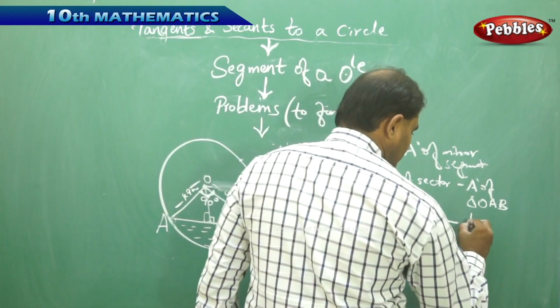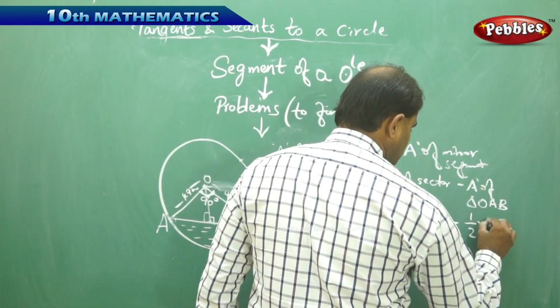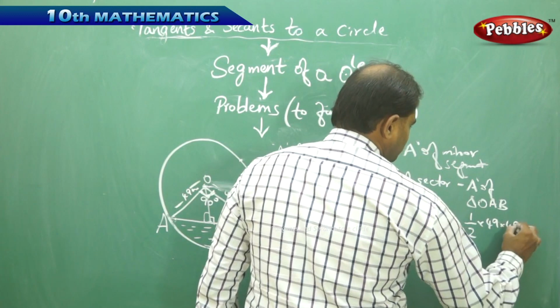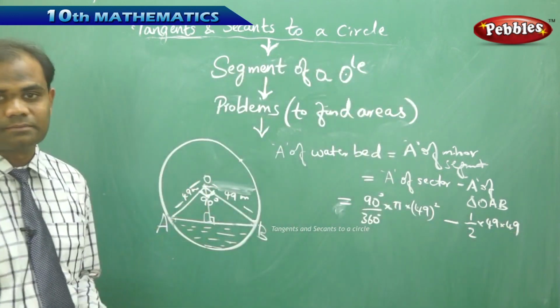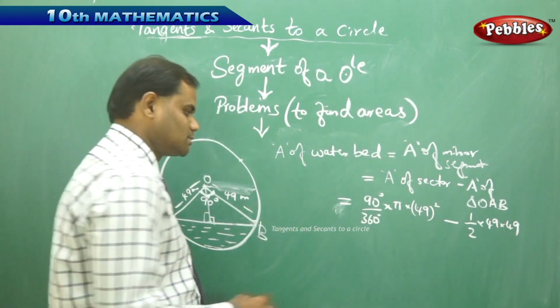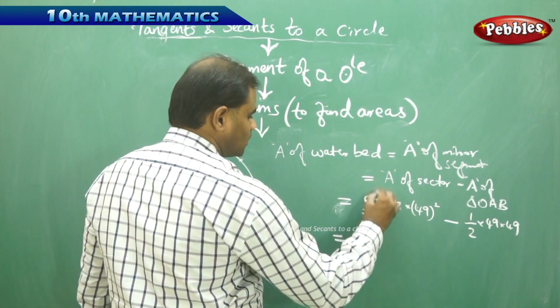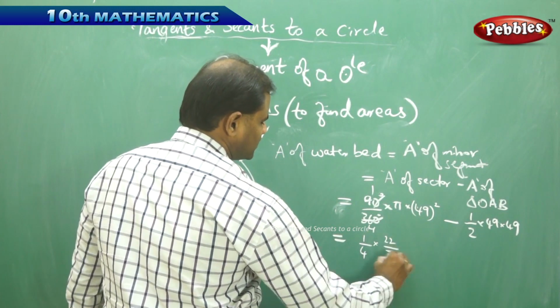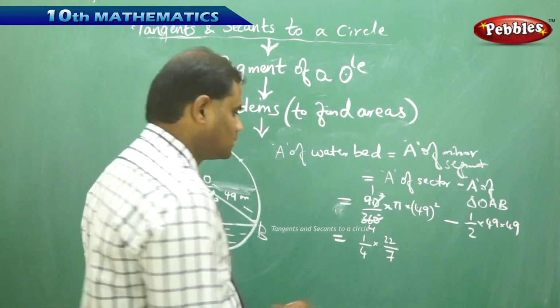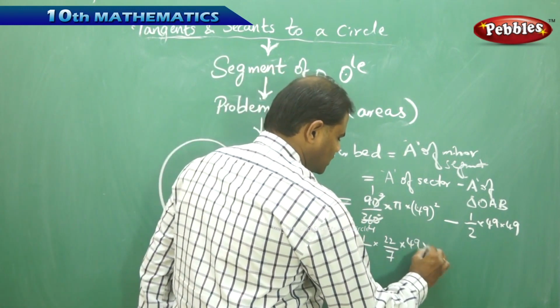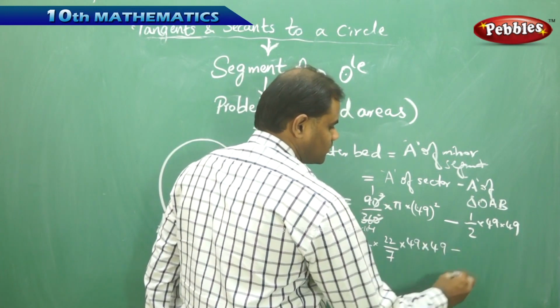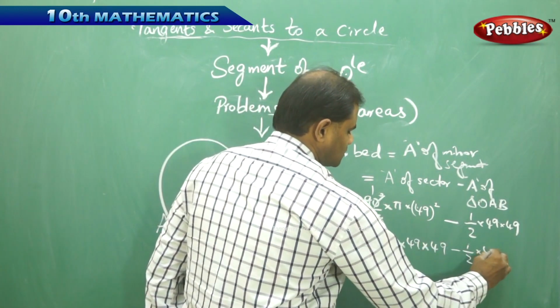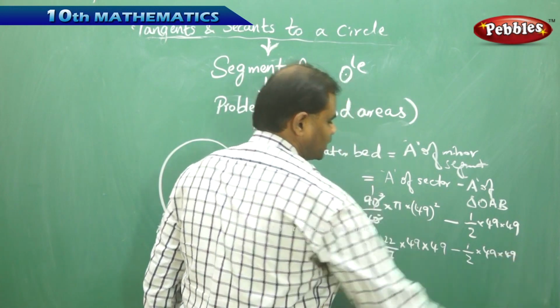So I get half times 49 times 49 as the base and height. Simplifying this, 1 by 4 times pi, if I take it as 22 by 7, this reduces to 49 times 49, and further simplification gives half times 49 times 49.